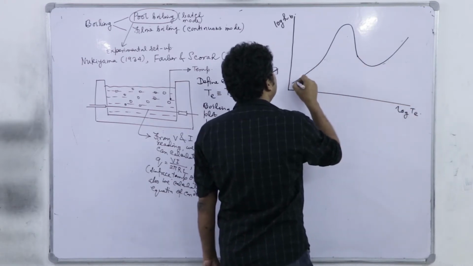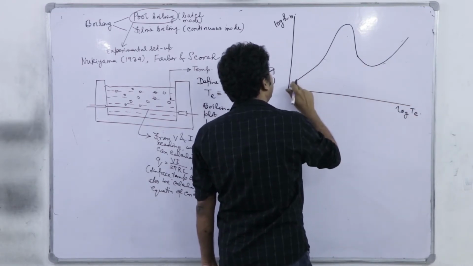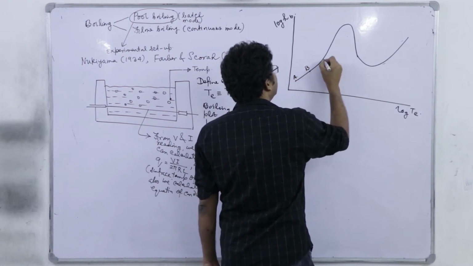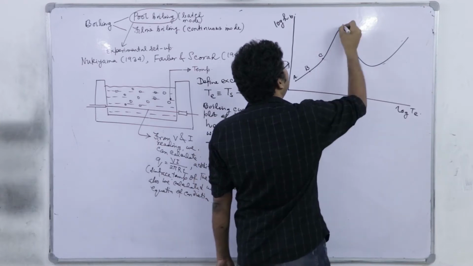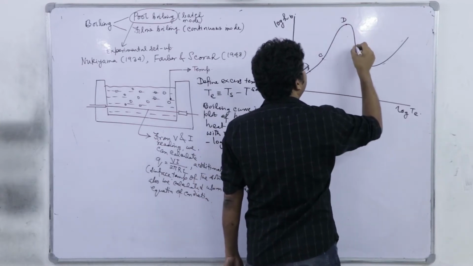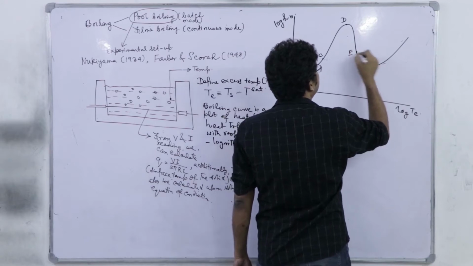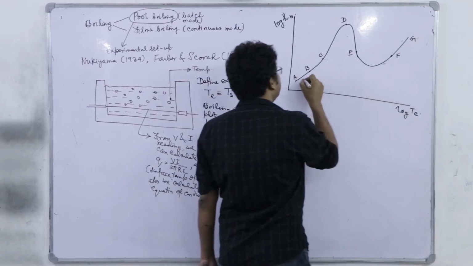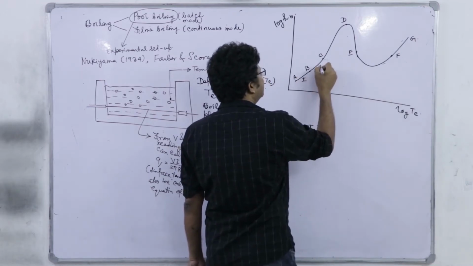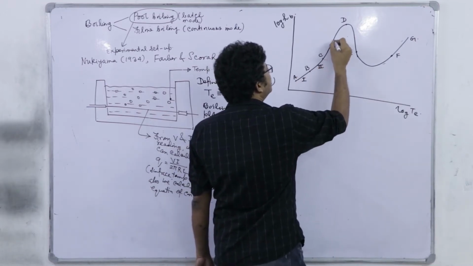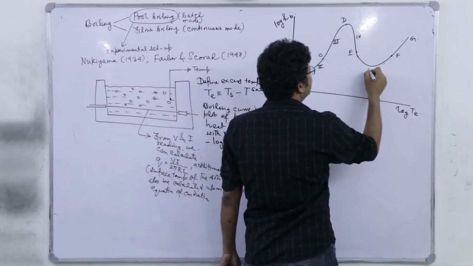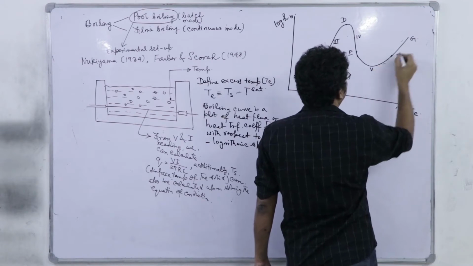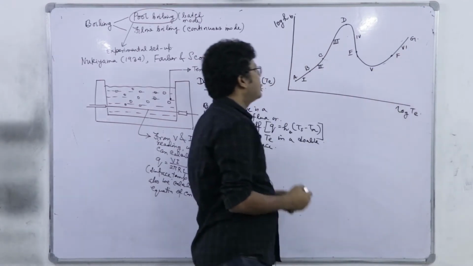Here we start at A to B, then C, D, E, F and G. These are the different regimes: regime 1, 2, 3, 4, 5 and 6.